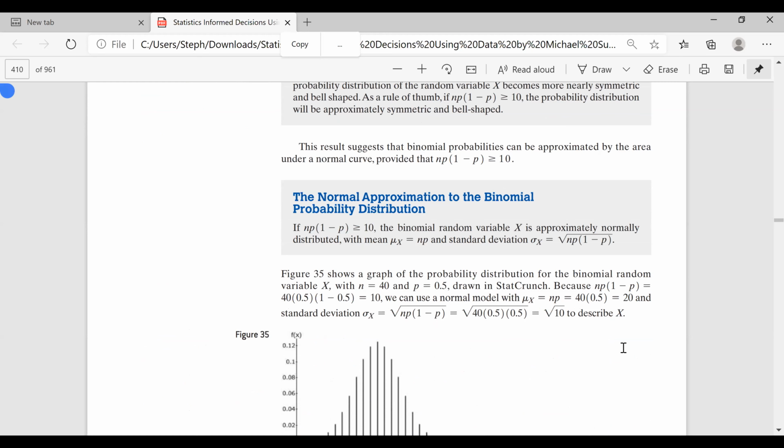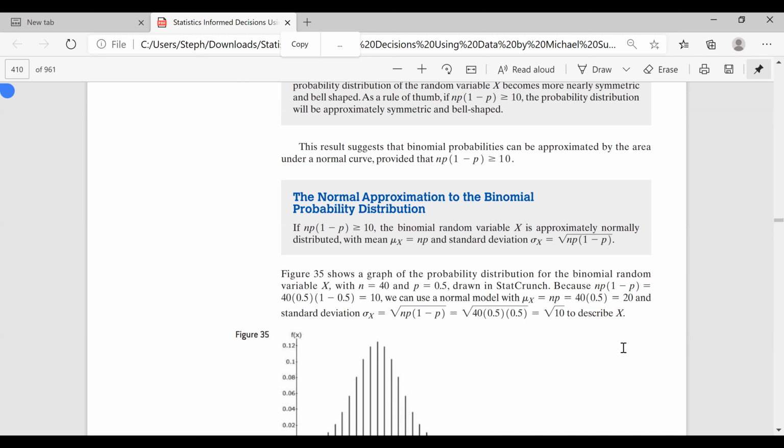And then the mean is going to be n times p. This is what I thought earlier when I was confused about why we're subtracting 1 minus p. The mean of the binomial distribution is just np. And then the standard deviation is going to be the square root of np times 1 minus p.